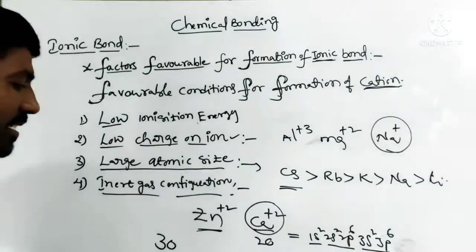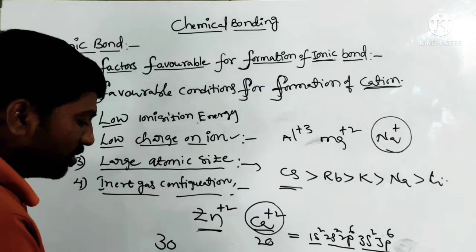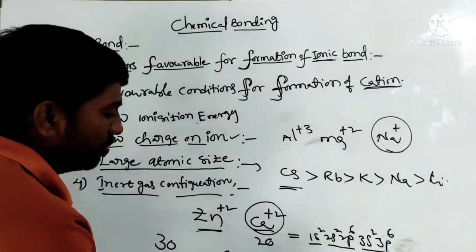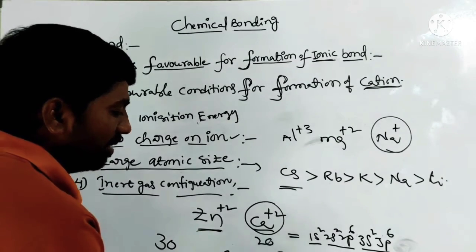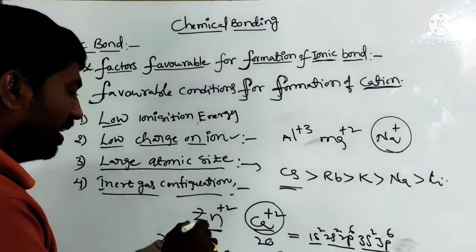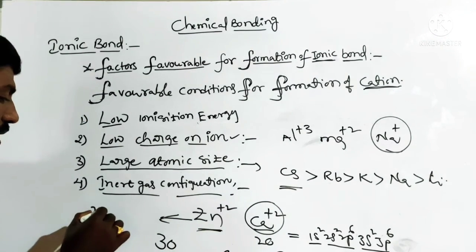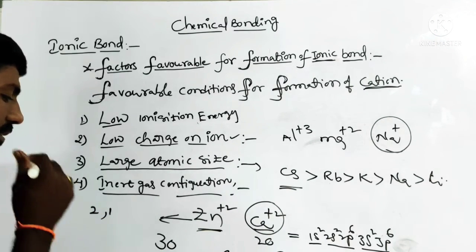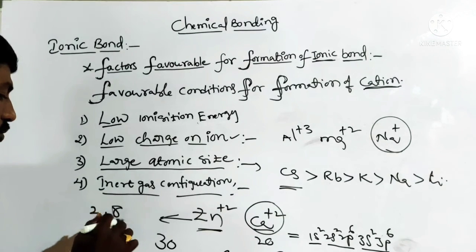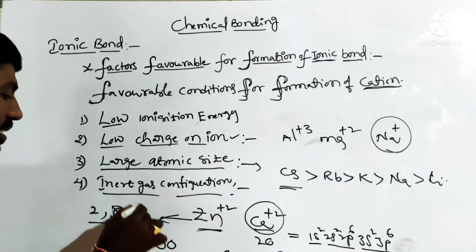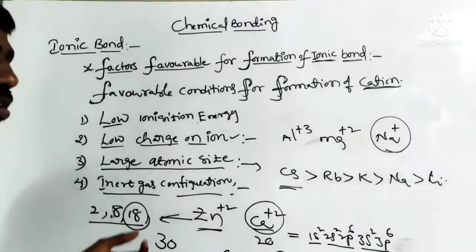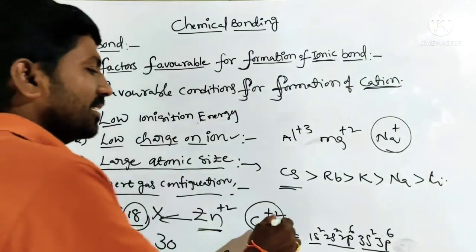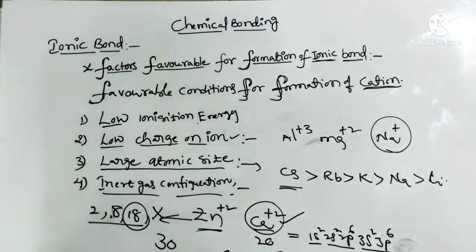Zinc, atomic number 30, is 1s2, 2s2, 2p6, 3s2, 3p6, 4s2, 3d10. Removing the last shell's 2 electrons leaves 2, 8, 18, which is not an octet. That's why it is somewhat difficult to form a cation, and Ca plus is more ionic in character than Zn.